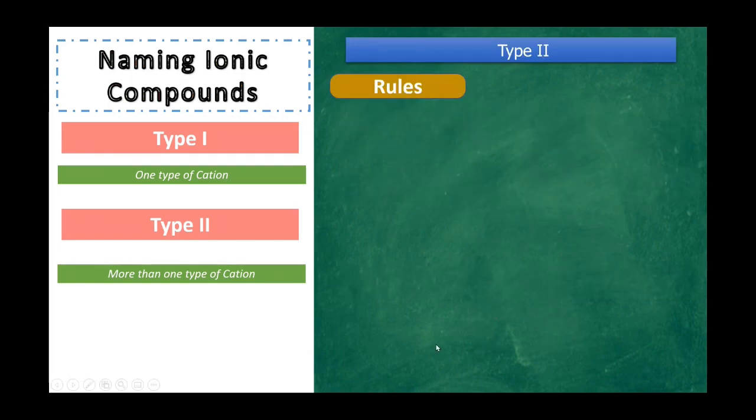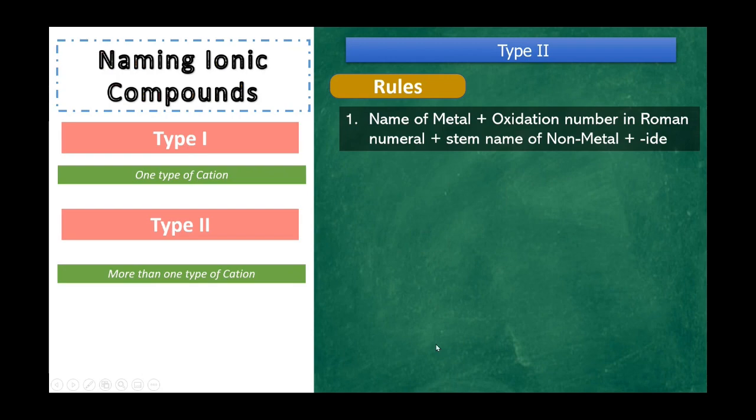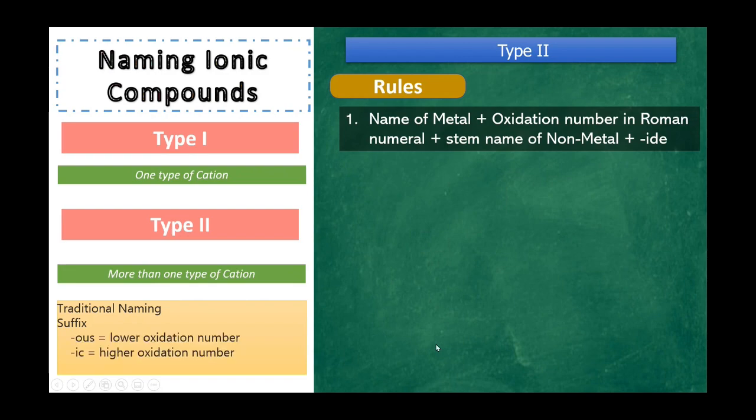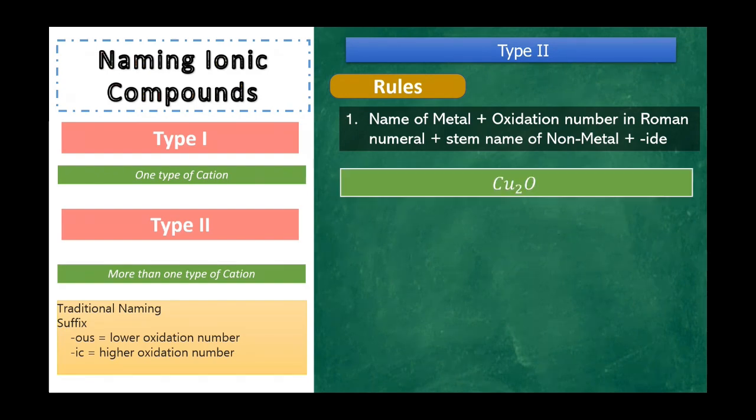So let's go to type 2. What is the rule? Here we know the traditional naming, adding the suffix "-ous" and "-ic". When we say "-ous", that has a lower oxidation state, and "-ic" higher. So for here class, we have copper and then oxygen. Remember that here we need the oxidation number in Roman numeral of our metal.